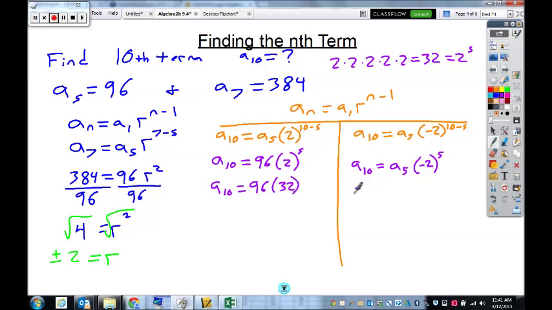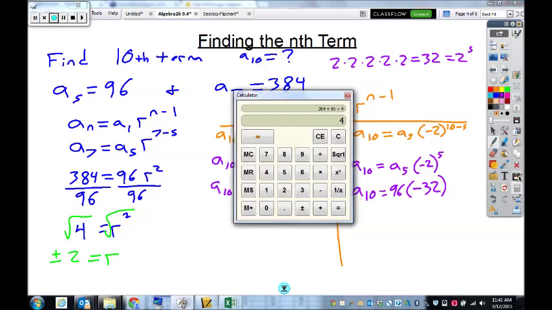Over here, I'm going to get the same thing, except since it's an odd exponent, it's going to be negative 32. Now, if my exponent would have come out even, so let's say it was a 4 or a 6, then my negative would have gone away and I'd end up with the same number. Because I had an odd exponent, my two numbers are going to be different signs.